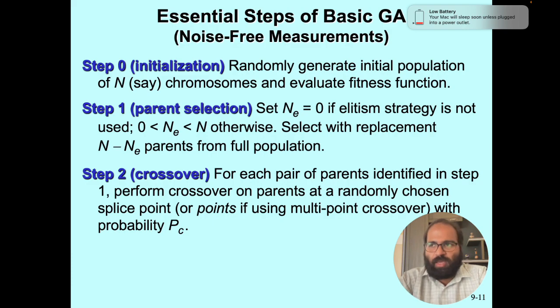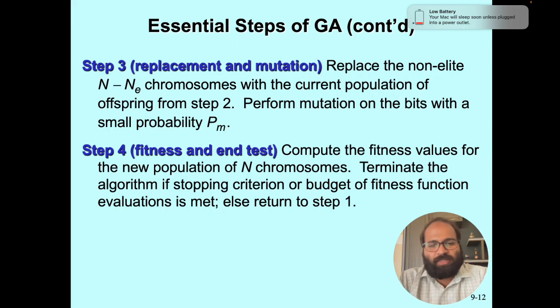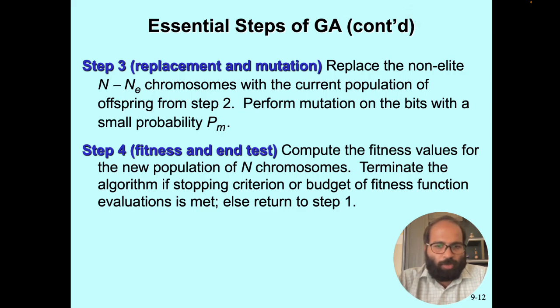It may be a single-point or a two-point crossover. The crossover probability is PC. And the next is a small gene replacement, or mutation. As I said in the previous slide, a mutation is nothing but a small change in the chromosomal or gene structure. And finally, the fitness is calculated.